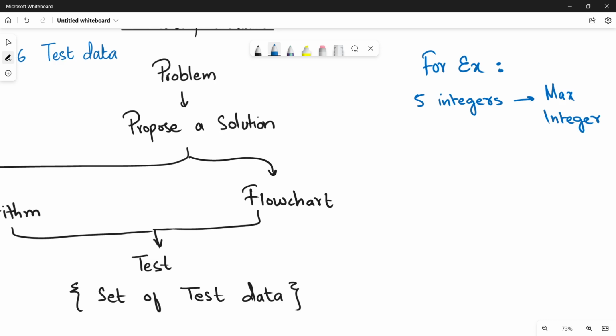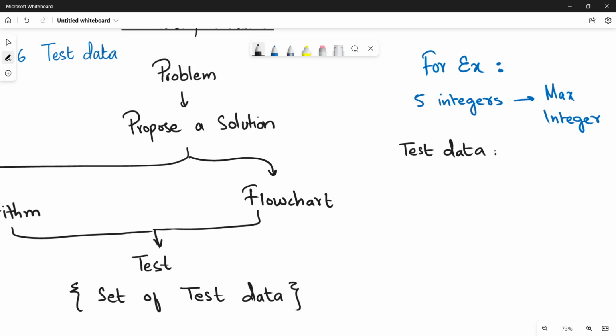So, in order to test this algorithm, once you write it, you need 5 integers as test data that you will input in your algorithm, and you will see if the algorithm is able to find the maximum integer or not, so that you will know whether your algorithm is working the way it is expected or not. Now let's take the test data for this example.